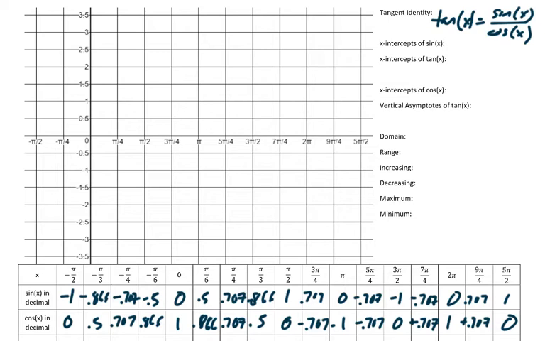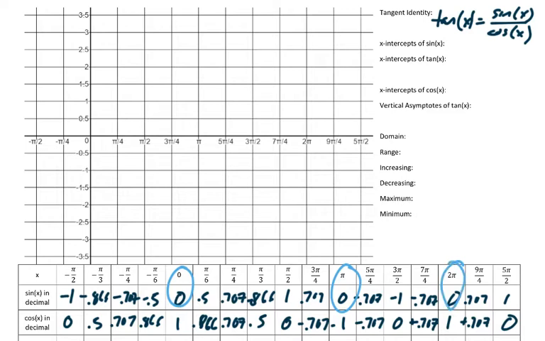So then looking at the x-intercepts of sine, here's sine. There's an x-intercept at 0, 1 at pi, and 1 at 2 pi.